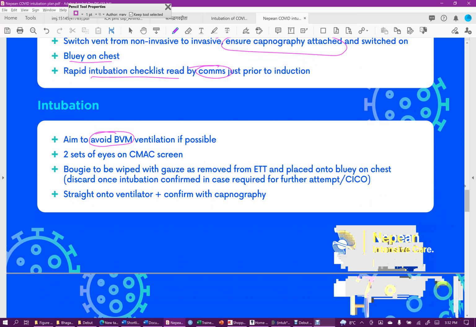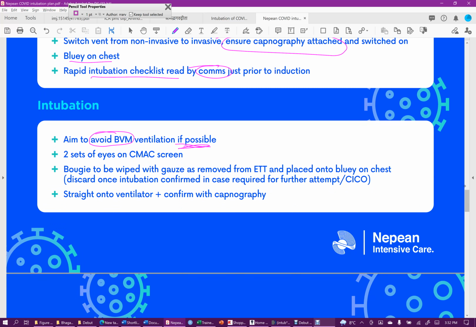Intubation: avoiding bag and mask ventilation if possible. For me, that's an important thing, so that's a slight difference. Then 2 sets of eyes, one by the intubator and the second by the team leader. Then the bougie is to be wiped with gauze and placed on the chest on the absorbent thing, and discarded once the intubation is confirmed.